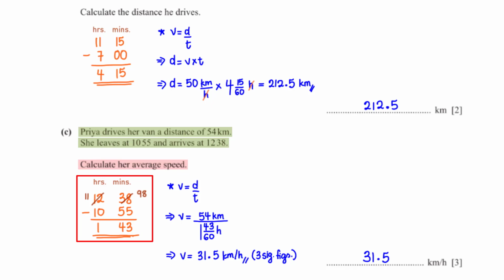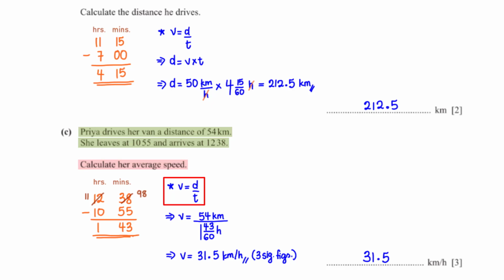Under the minute column, we can't subtract 55 from 38, so we get 1 hour from the hour column, which becomes 60 minutes under the minute column. So we have 98 minutes. 98 minus 55 is 43. Under the hour column, 11 minus 10 is 1. So now we know the time duration is 1 hour 43 minutes.